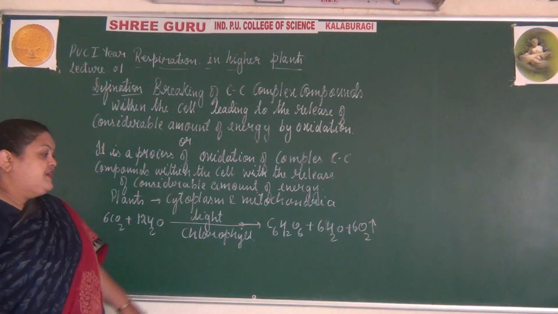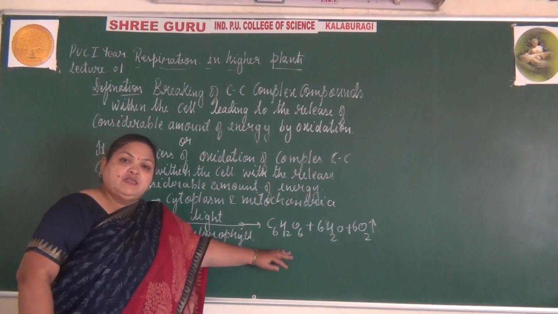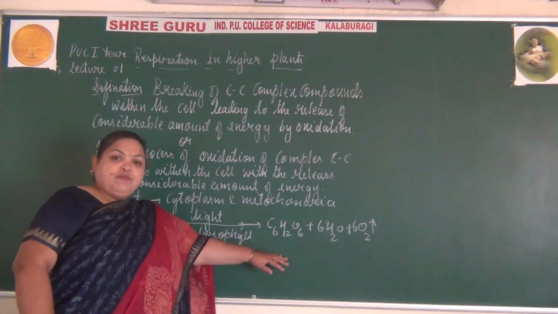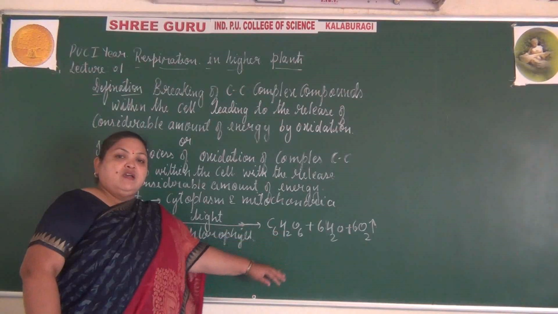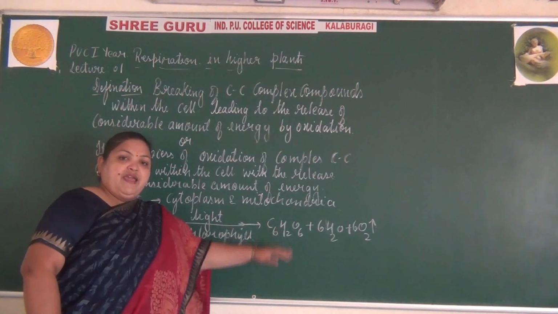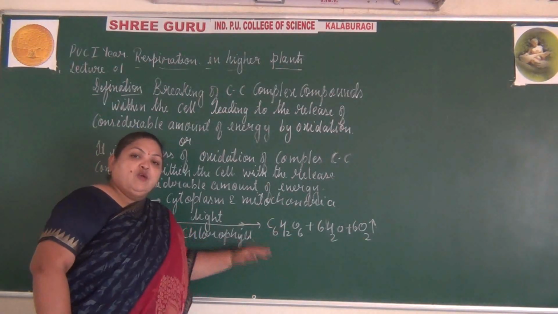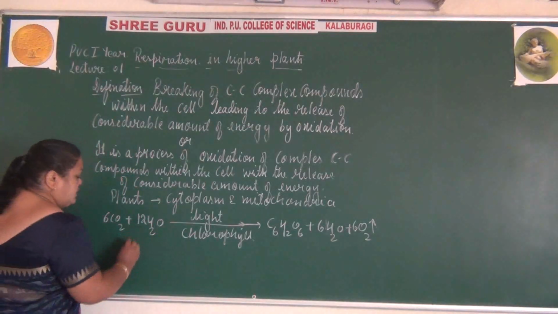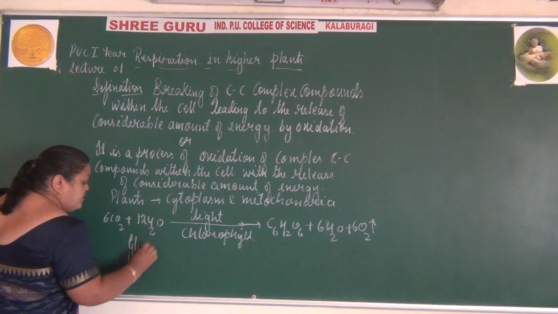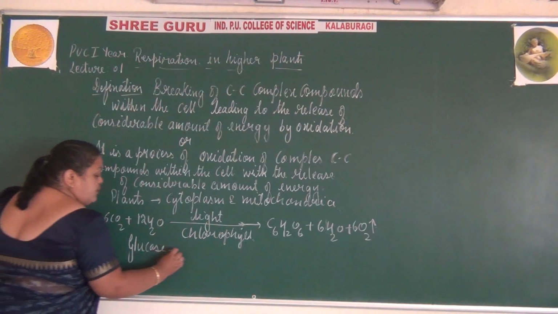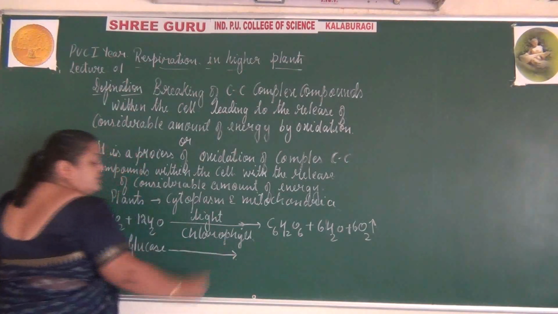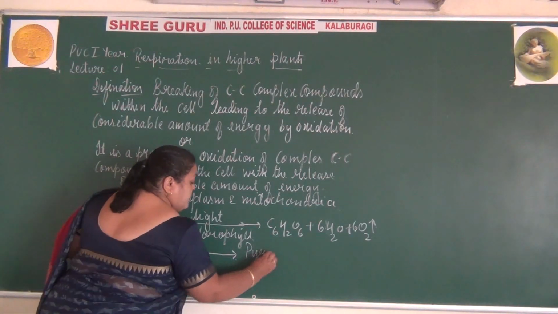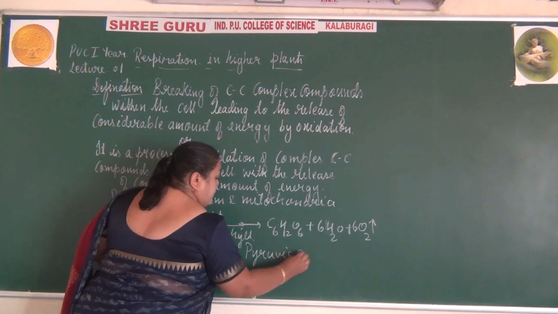Now, what happens here? The product formed during photosynthesis is a carbohydrate, a 6-carbon hexose sugar. Now, this hexose sugar, the glucose, has to be broken down into pyruvic acid.